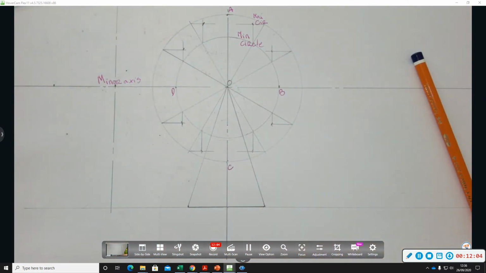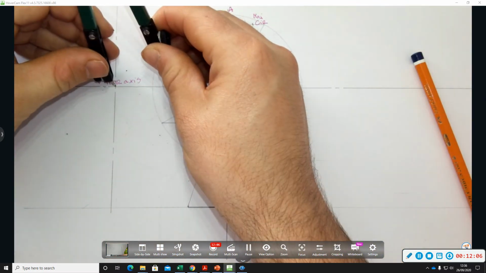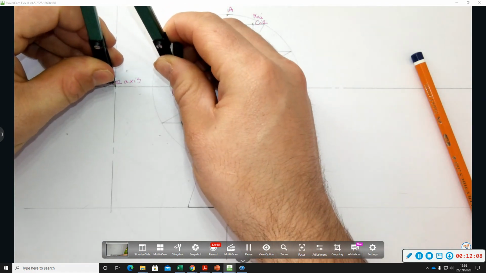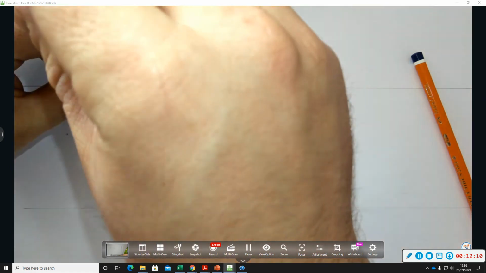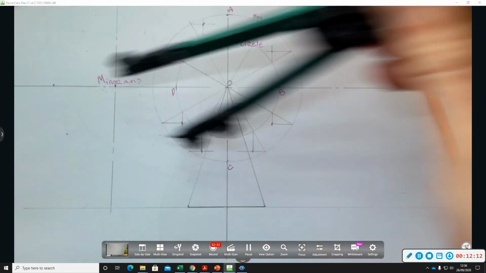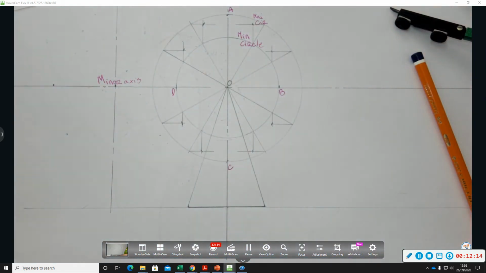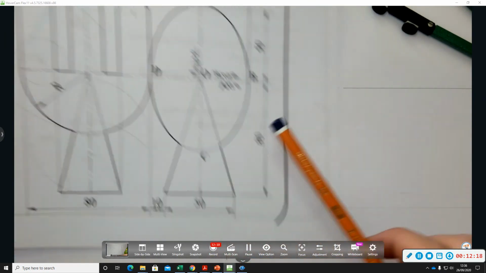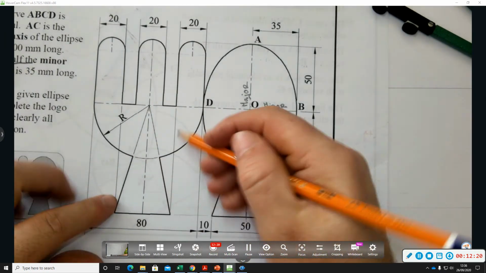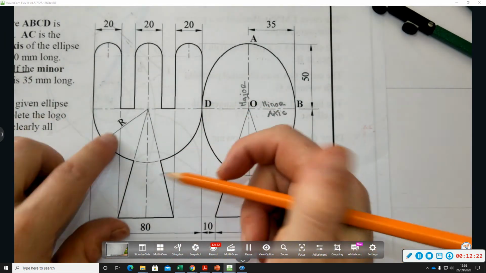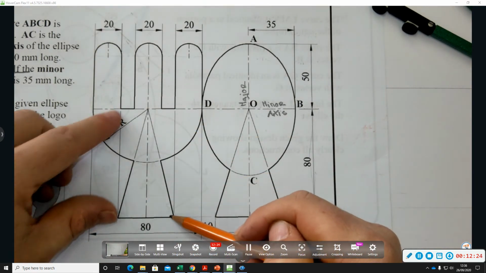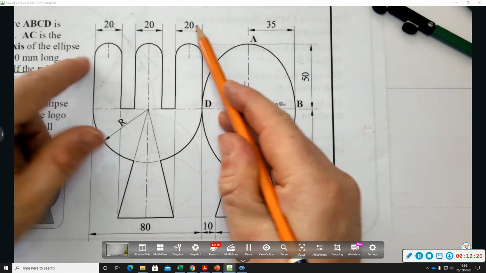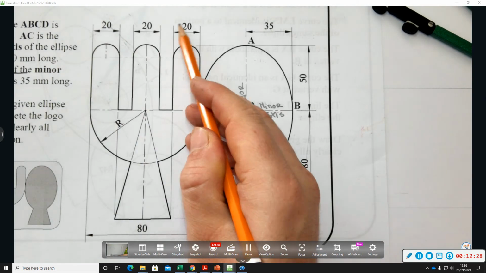Now, before I draw that semicircle, I'll draw this, not that it matters. So that distance there in the bottom, there's three 20s, so 20, 20 and 20 is 60.